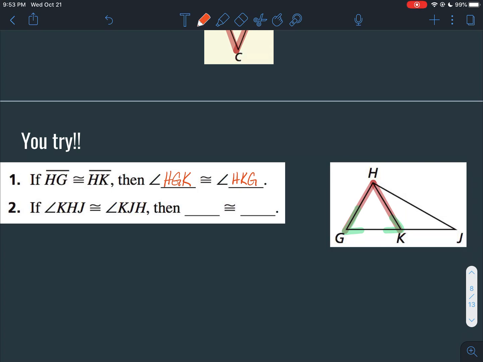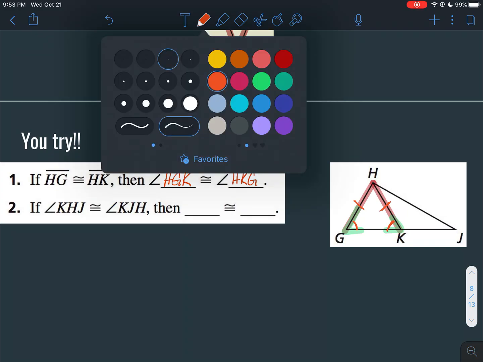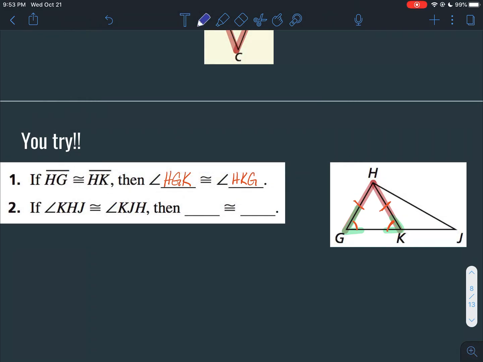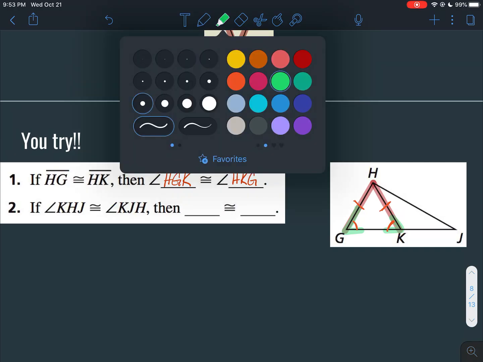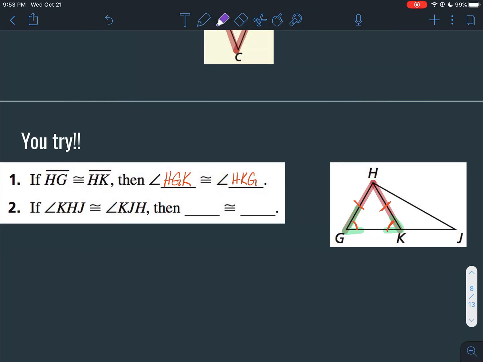Okay. So if the sides are congruent, then the base angles are congruent. All right. On number 2, you choose a new color.